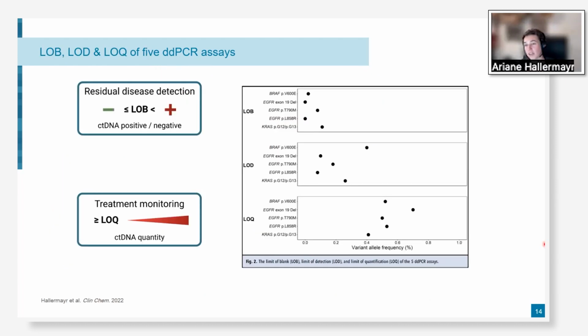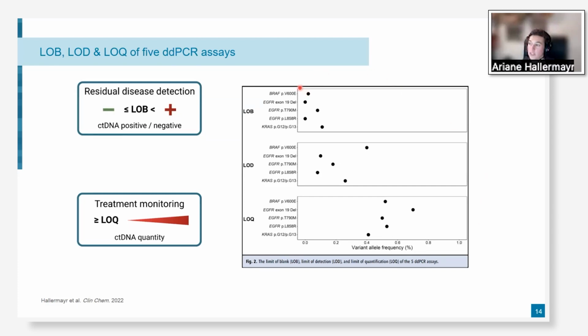When looking at the 5 assays that were validated within this study, you can see here that each panel is one cutoff, so limit of blank, limit of detection, and limit of quantification, and each row represents the results obtained for one assay. The x-axis represents the variant allele frequency associated with the specific cutoff.